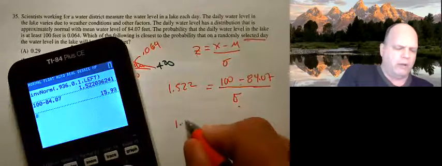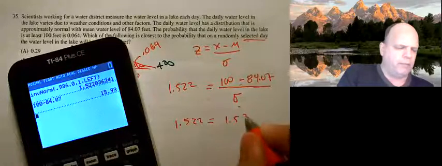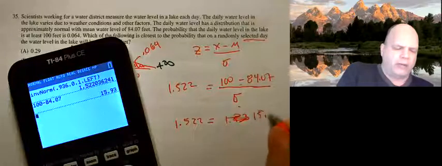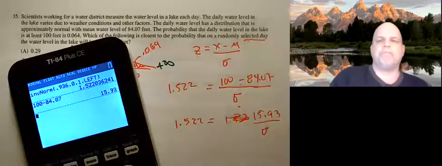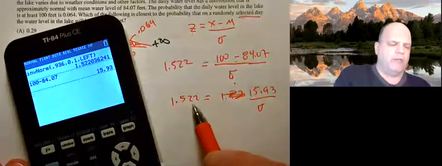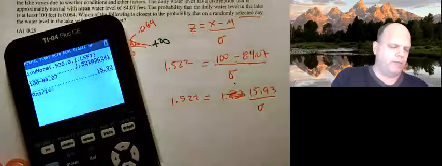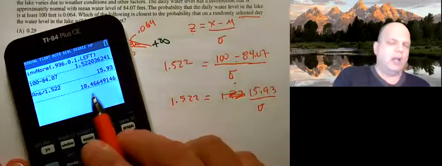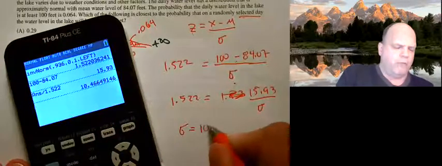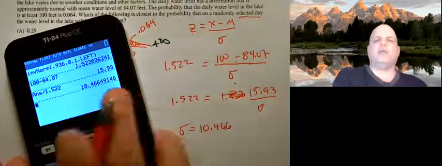So I have 1.522 equals 15.93 over sigma. If I multiply by sigma, then divide by 1.522, I end up getting a standard deviation equal to 10.466. That's great and all, but that's not what they asked me for.